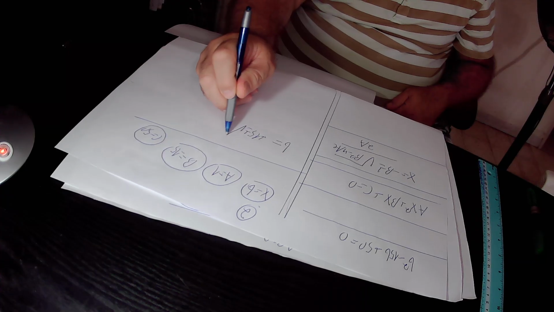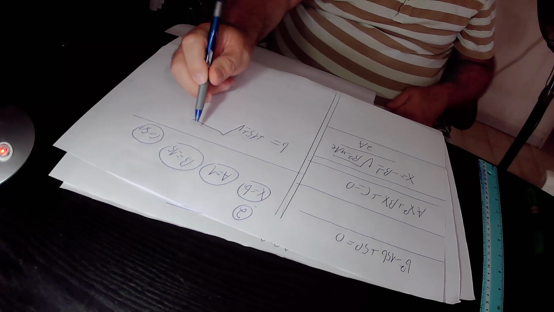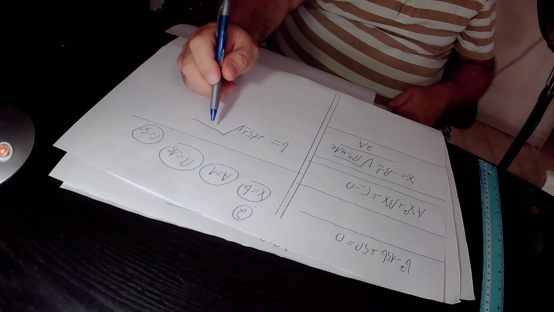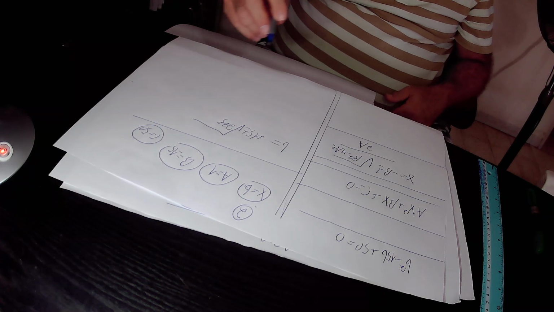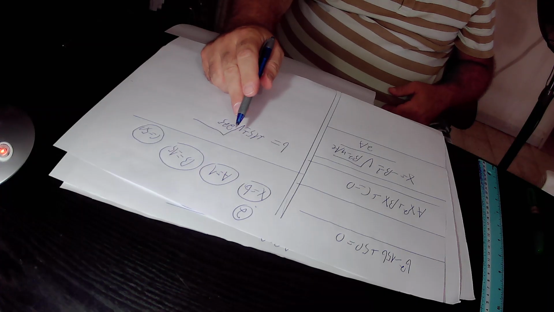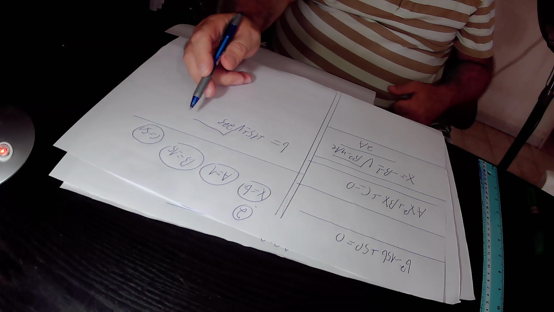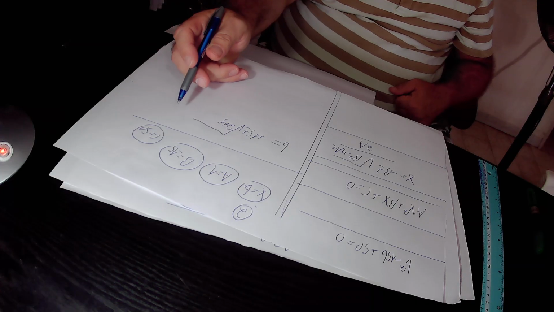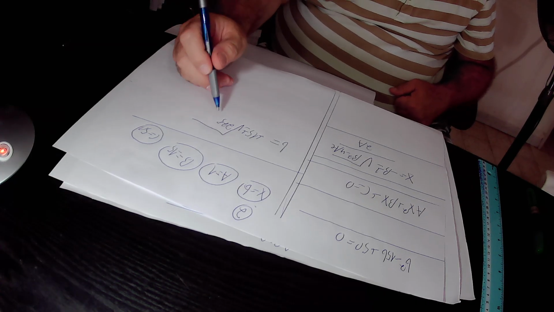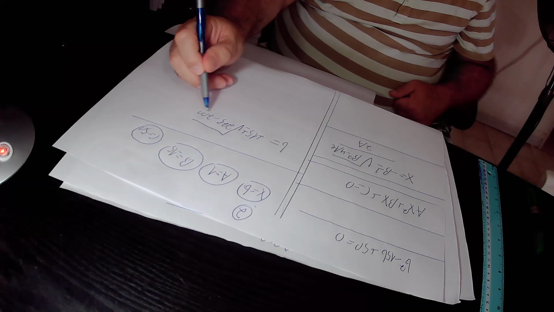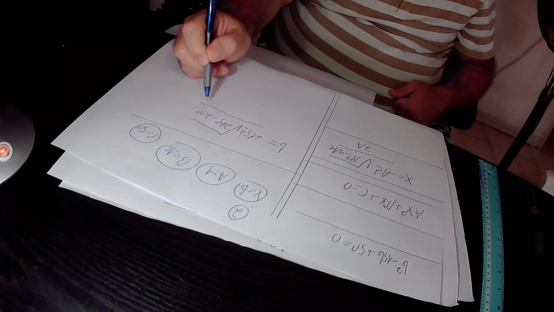Plus minus the square root of b squared. B is minus 15, therefore b squared is minus 15 squared, that is 225, minus 4 times a. A is 1, so minus 4 times 1 is minus 4, times c. C is 50, so minus 4 times 50 is minus 200. Divided by 2a.